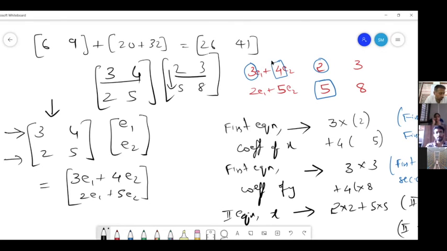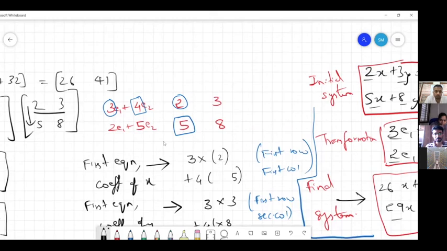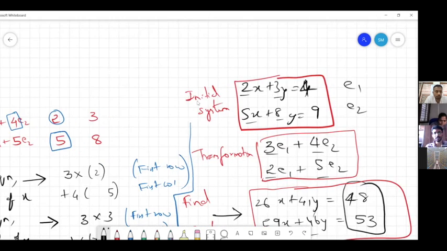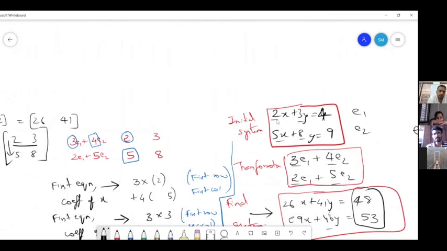So with our example, we started with the initial system: 2x plus 3y is equal to 4, 5x plus 8y is equal to 9. And the transformation, let us represent it by this matrix 3, 4, 2, 5.